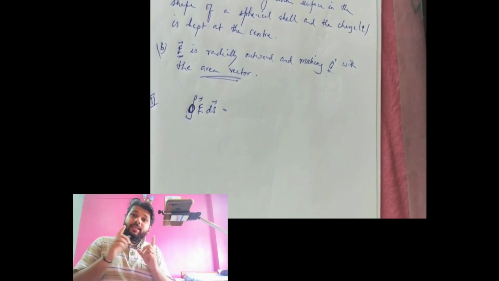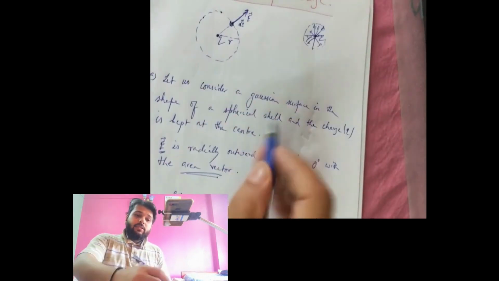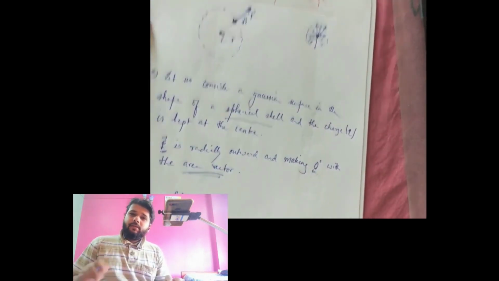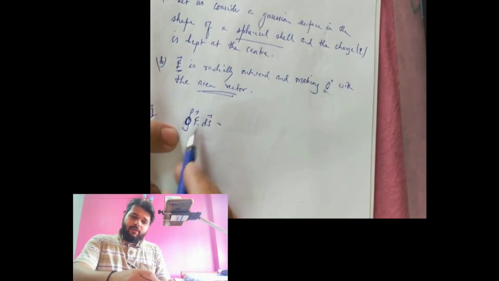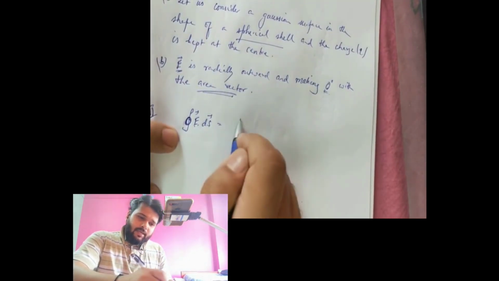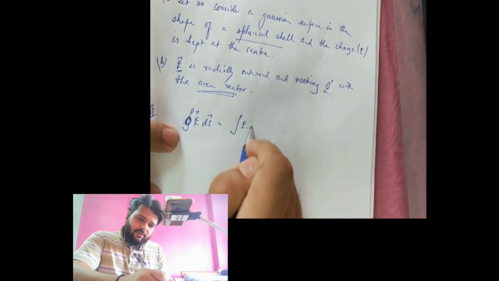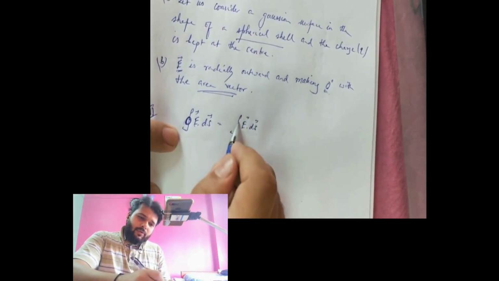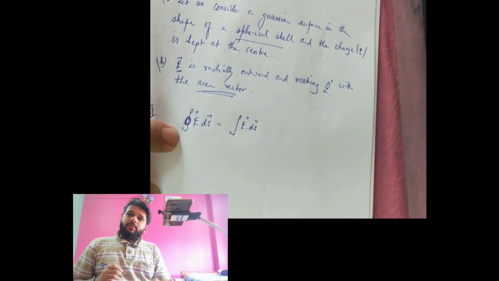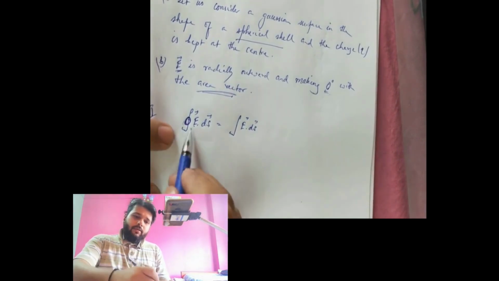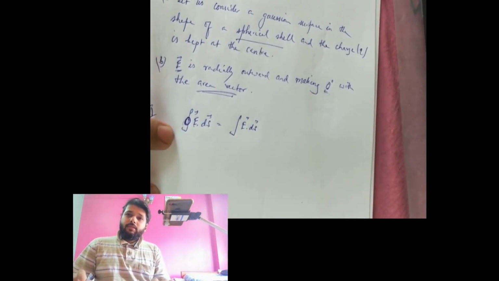But in the case of a sphere, because the Gaussian surface is a spherical shell, we can write it as the integral of E dot dS and we don't have to provide the closed integral sign. Why? Because there is only one surface in the case of a sphere.